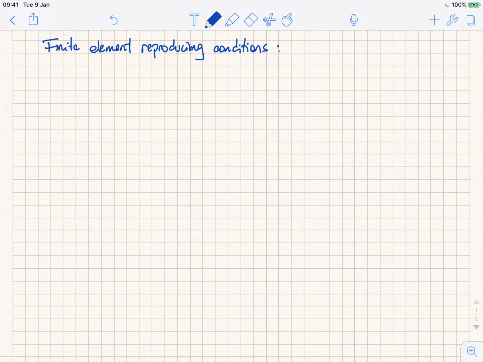Just to give an example, let's take linear shape functions in 2D. We have done that already.